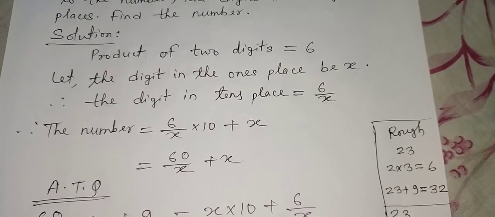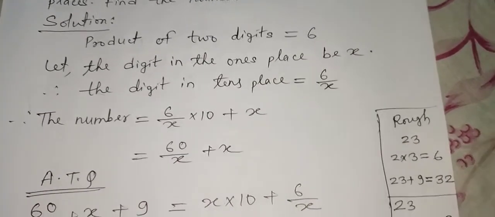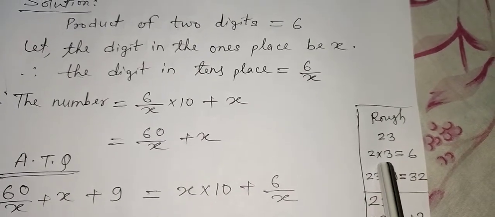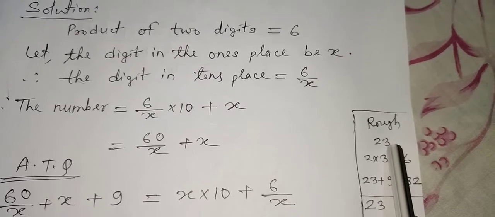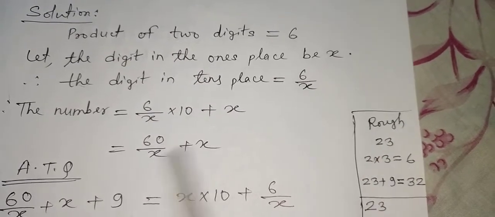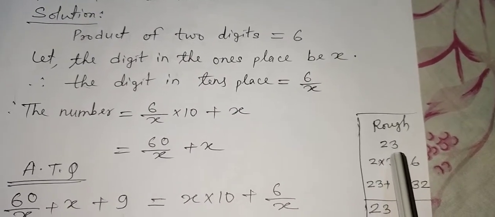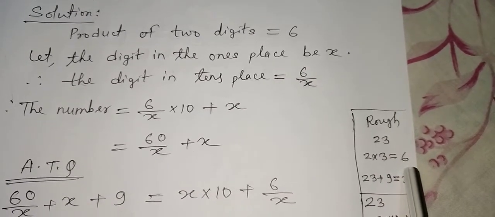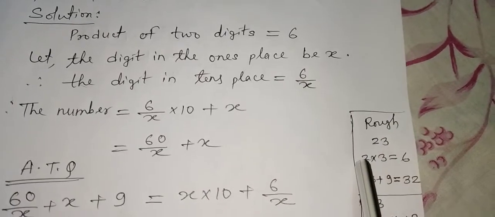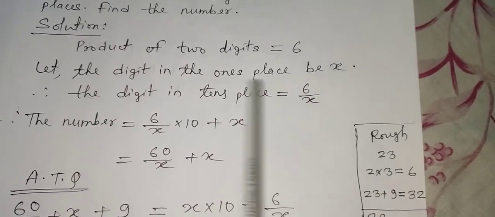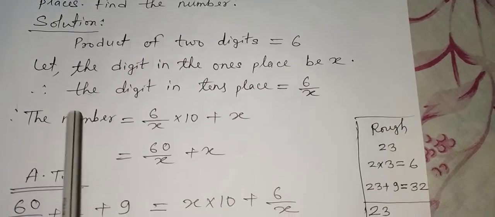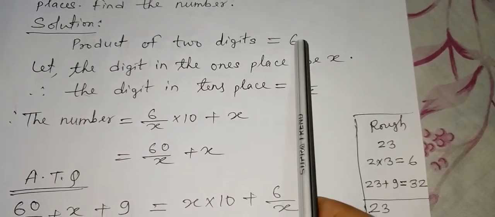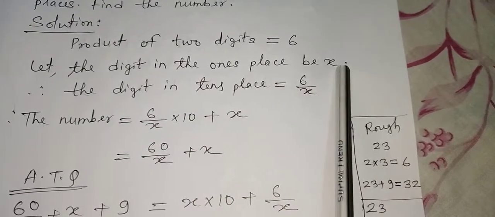Now you might be asking, how 6 by x? Let me explain. Suppose the ones digit is 3, then the tens digit is 2. How? You divide 6 by 3 and you get 2. Similarly, when you know the digit in the ones place, to know the digit in the tens place you have to divide the product by the ones digit.